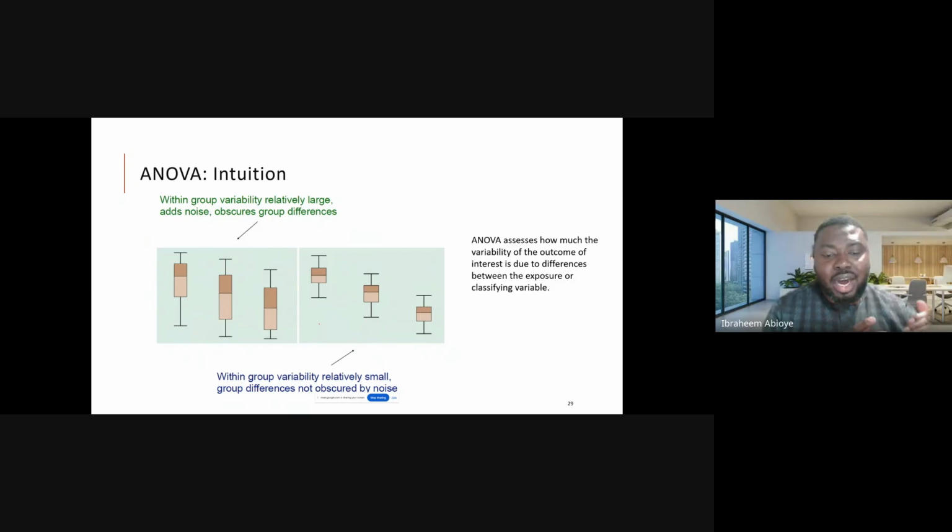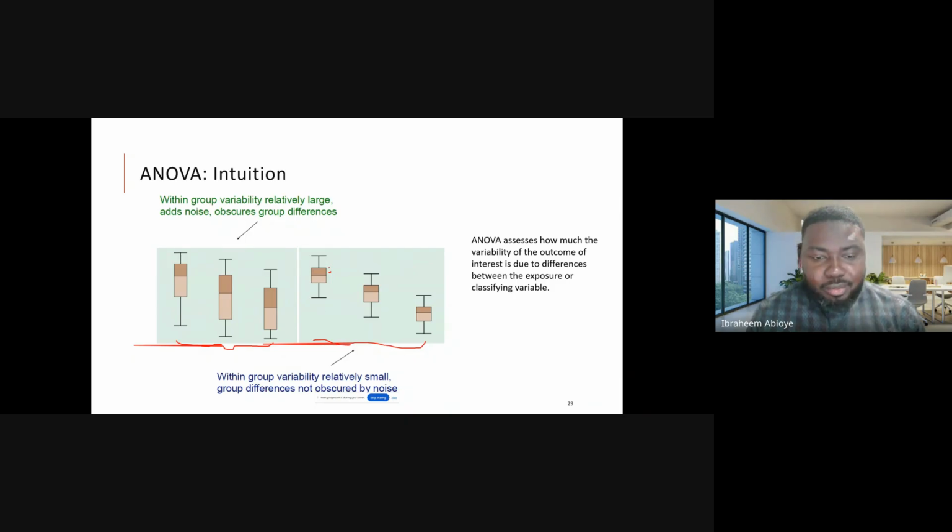You're looking at how the groups are different from each other, and you're also looking at how similar the values within each group are. So like in this one, for instance, the values are very similar to each other, okay? But in this chart, for instance, the three groups here are closer to each other than these three groups. Do you get what I'm saying?